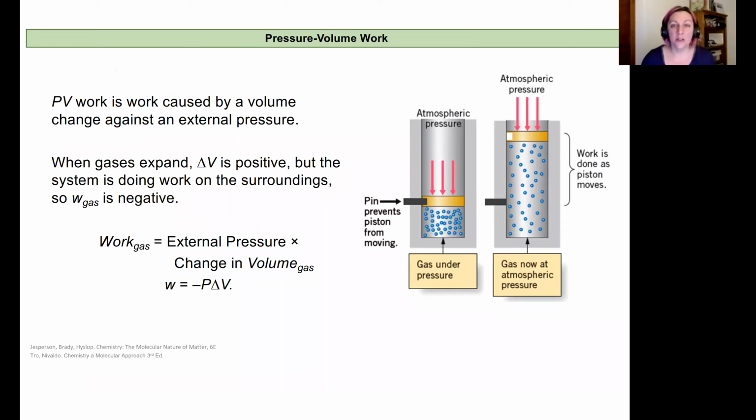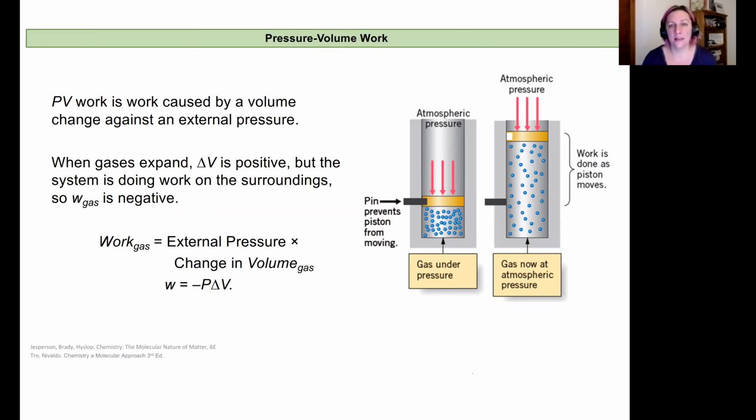In chemistry, the type of work that we see done is typically pressure volume work. This is when we involve gases in our chemical reaction, which is not all of the time. It's a subset, gas evolving or gas consuming chemical reactions.